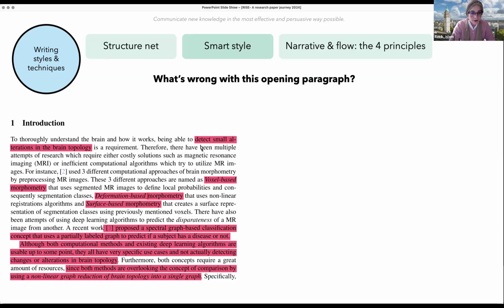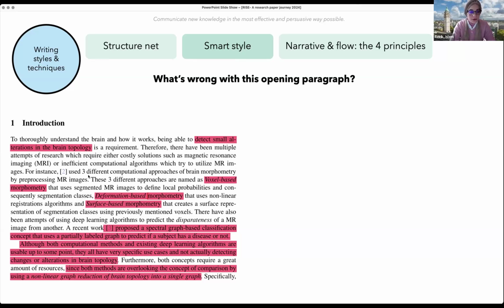Therefore, there have been multiple attempts of research which require either costly solutions such as MRI or an efficient computational algorithm, which try to utilize MR images. Redundancy also. I don't understand what problem they're trying to solve. And the second one got me even more confused. If the first sentence got me confused, the second one even more, so you don't want to do that at all, okay?